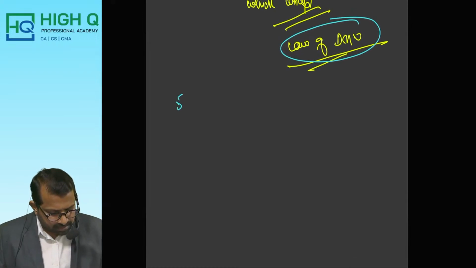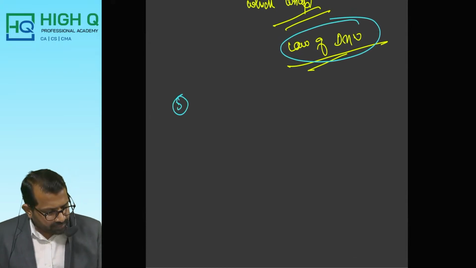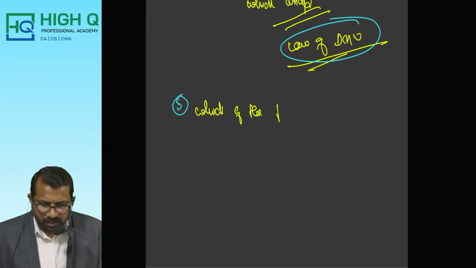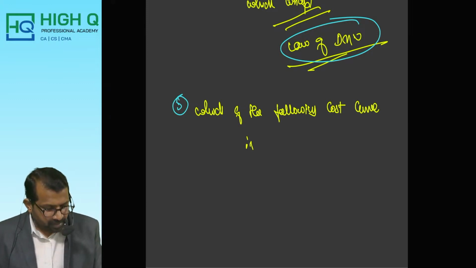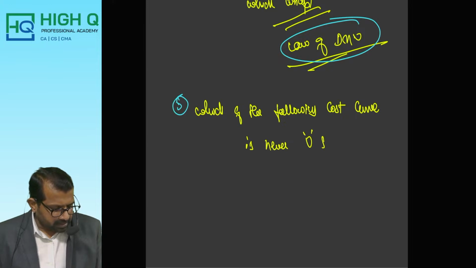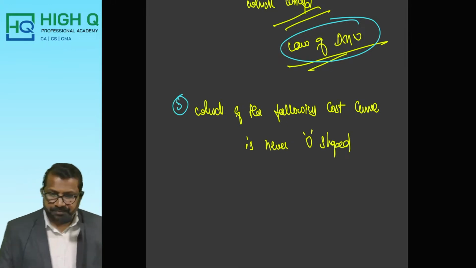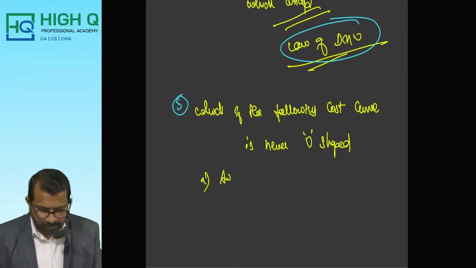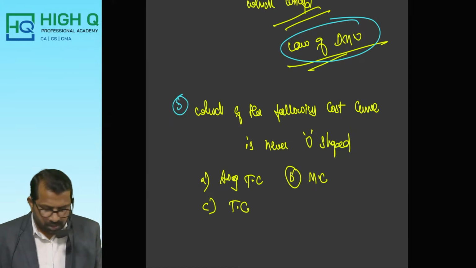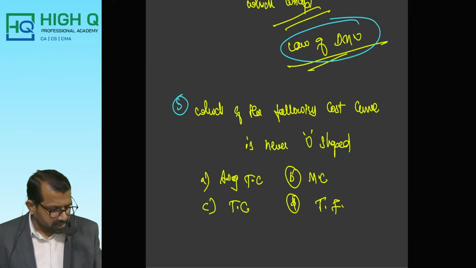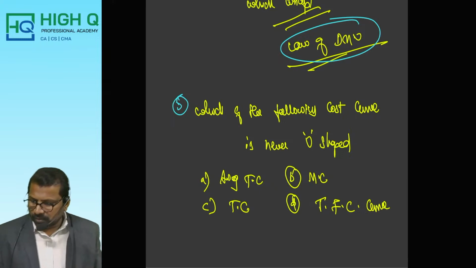With regard to cost, which of the following cost curves is never U-shaped? A. Average total cost, B. Marginal cost, C. Total cost, D. Total fixed cost curve.